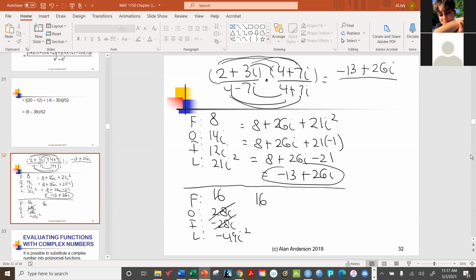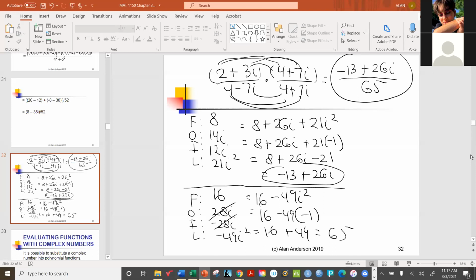These always drop out. 16 plus 49, which is 65. Now, I don't think we can divide these out. And so that's the final result.